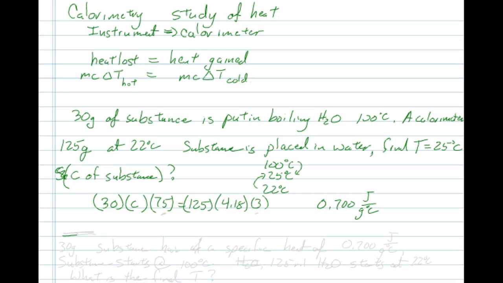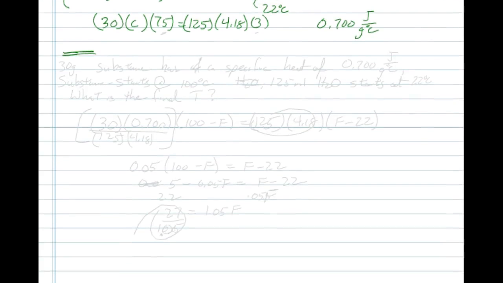There's another type of problem that you can do. Let's do the same type of substance, same question. Everything's the same as above except the substance has a specific heat of 0.70 joules per gram degree Celsius, and you put it in water.